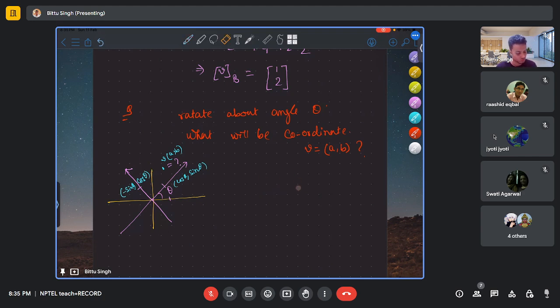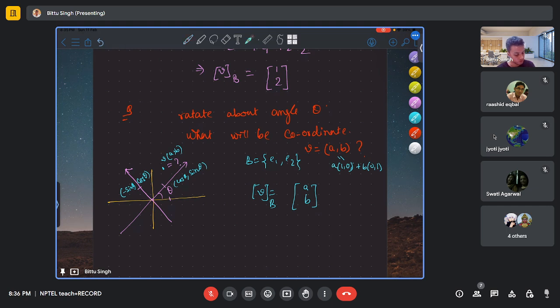So the coordinate of (a, b), v, with respect to the old system, the standard basis e1, e2, is the same as the matrix (a, b), because you can write (a, b) as a times (1, 0) plus b times (0, 1).